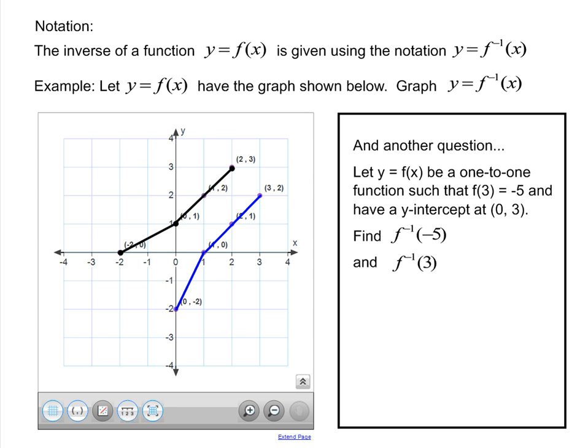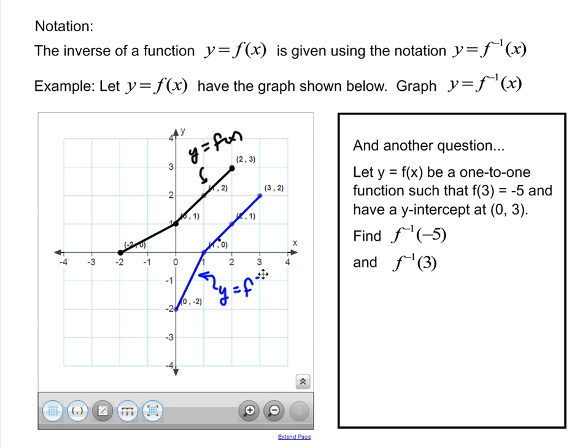So we would write, if y equals f of x, our upper function right here will be the function y equals f of x. And using our appropriate notation, of course, this graph will be that of y equals f inverse of x.